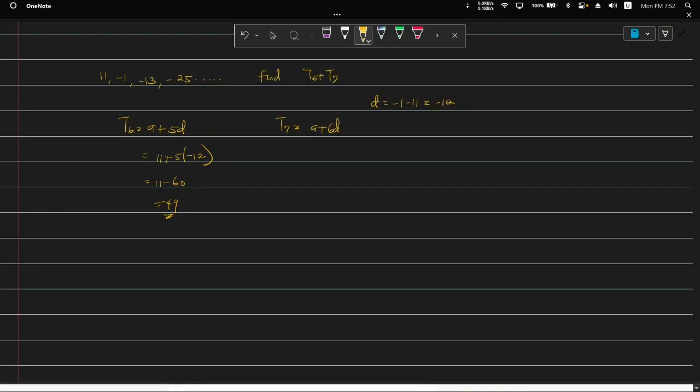So what is our A? 11 plus 6 into our common difference, which is negative 12. 6 times negative 12 is negative 72. Please press your calculator, make sure you are sure. Okay. So 11 minus 72 should give us negative 61.